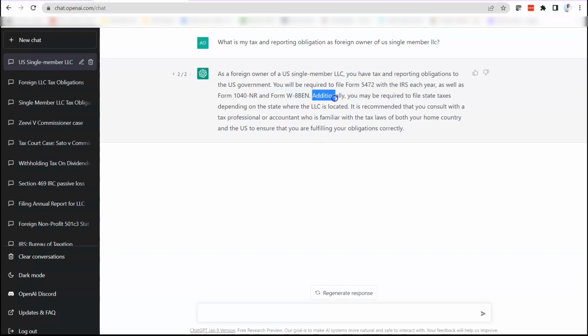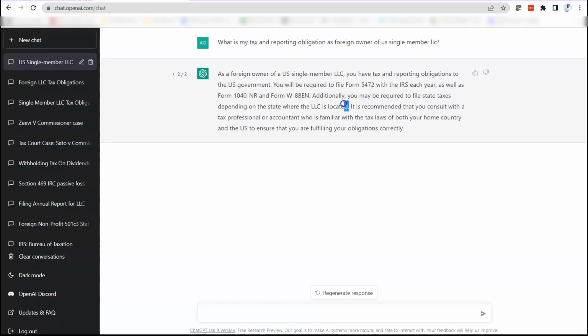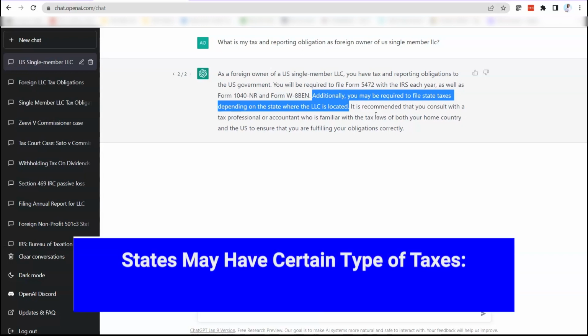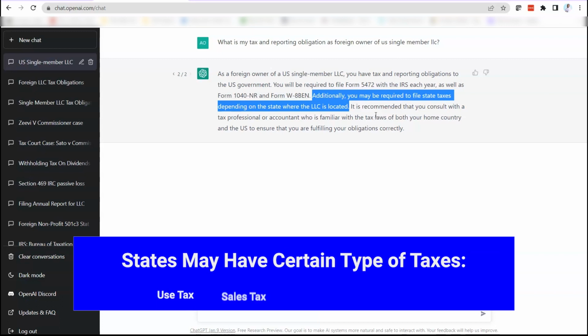It says additionally, you may be required to file state taxes depending on the state where the LLC is located. I like this sentence because it's not using words with certainty. It's using some permissive language here. So that's true. States have thresholds. Depending on whether you're generating income within that state, or you have assets within that state, or you have employees within that state, or you have contractors within that state, you may be liable for certain types of taxes like use tax, sales tax, franchise tax, and income tax.